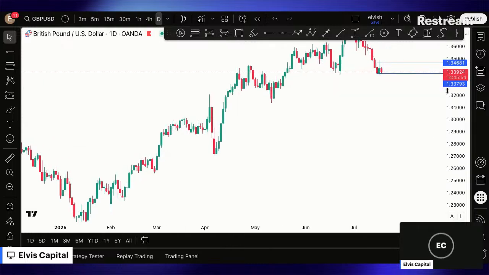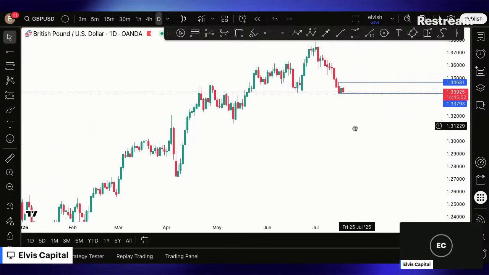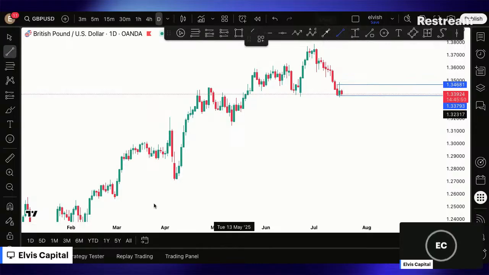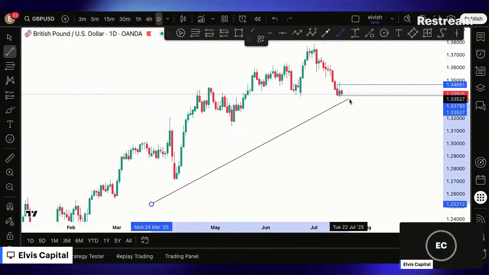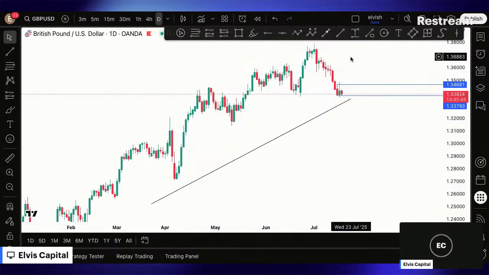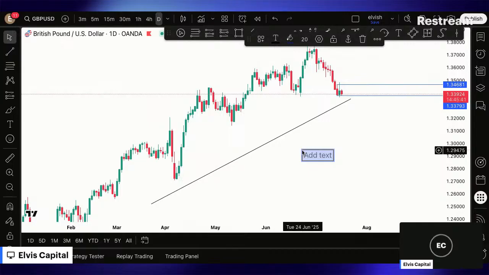First thing first, we are in an uptrend, and as I told you, an uptrend equals buys. So by all means I'll be looking for buys, as you can also tell.